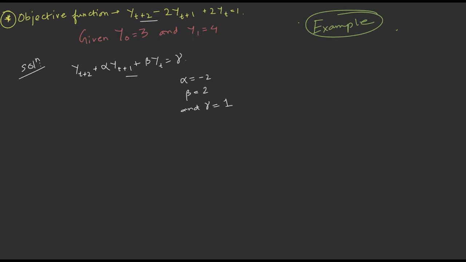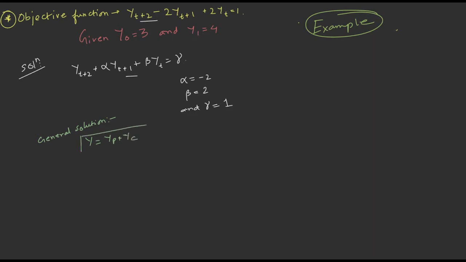Our main objective, what is our main objective? To find y, the general solution. Y equals yp plus yc.